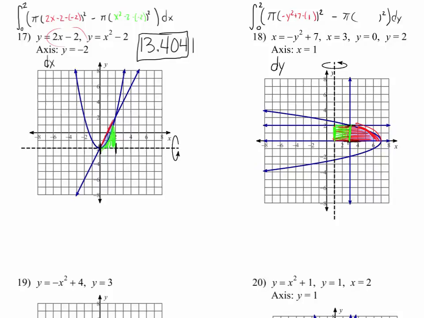We need to get rid of that part right there. So it's bounded on top by 3 minus our axis of rotation, which is 1. Type that in your calculator for the answer. And we get 120.6371. So 120.637.